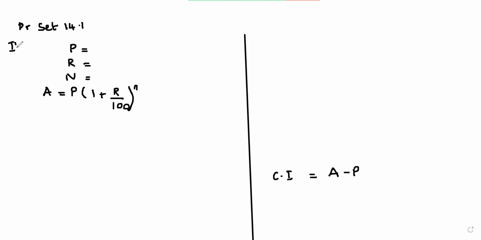This is my second question. Sameer Rao has taken a loan of 12,500 at a rate of 12% per annum for 3 years.